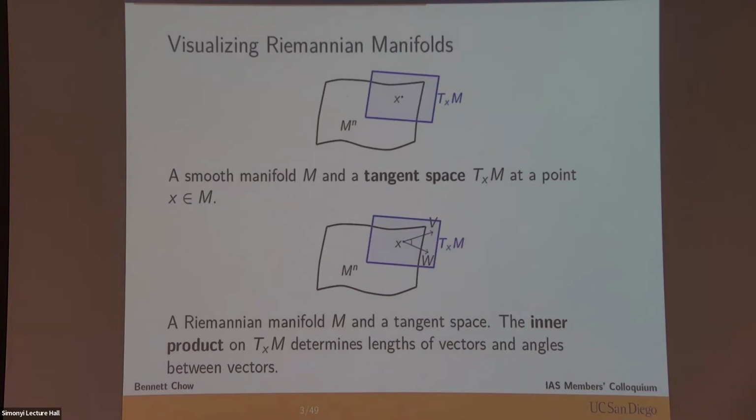You can think of tangent spaces as linearizations of manifolds. Here we see visualizing the inner product, and then we just require that inner product vary smoothly with the point. And then we have Riemannian geometry.